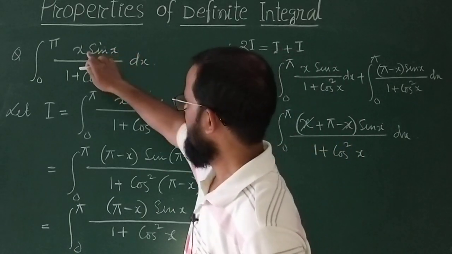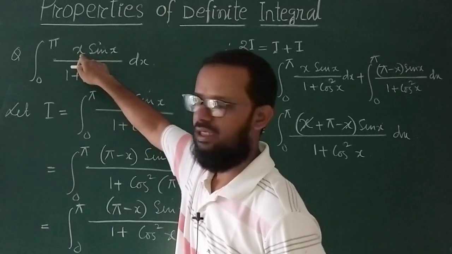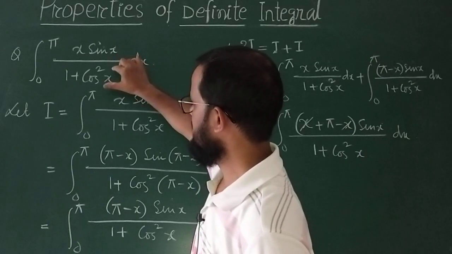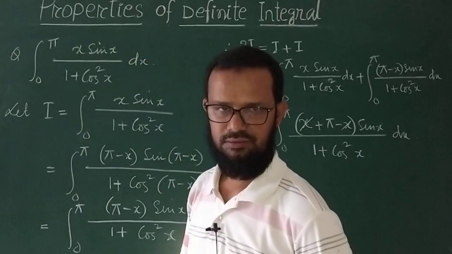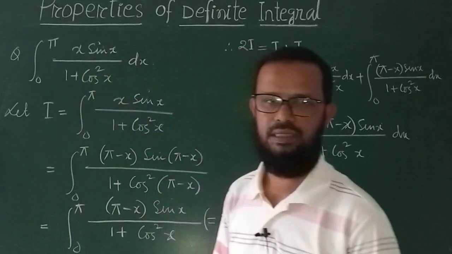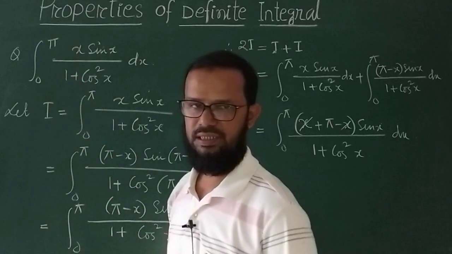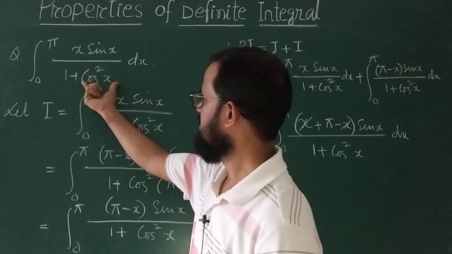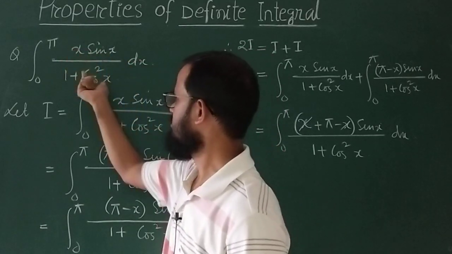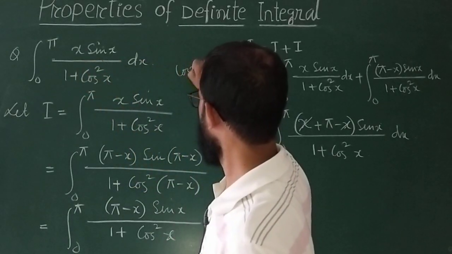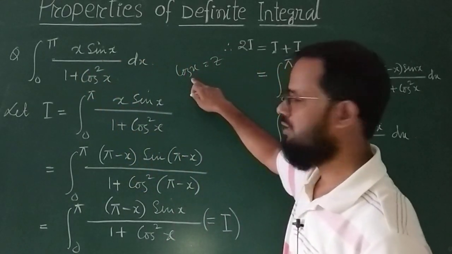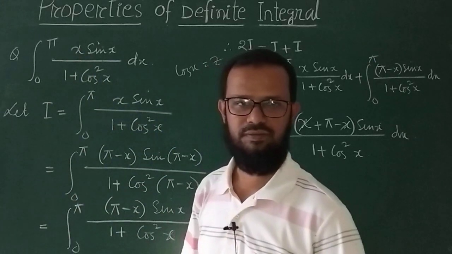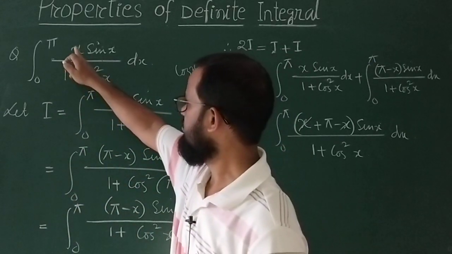In this integral, if x were missing, what would happen? If x is removed, what would the integral be? In this integral, if you take cos x equal to z, you get sin x dx equal to minus dz, and finally you can do the integral very easily. But since x is present, it is very difficult to remove x. If you take cos x equal to z, then x equals cos inverse z, and x is replaced by cos inverse z, and finally it becomes cos inverse z by 1 plus z squared.